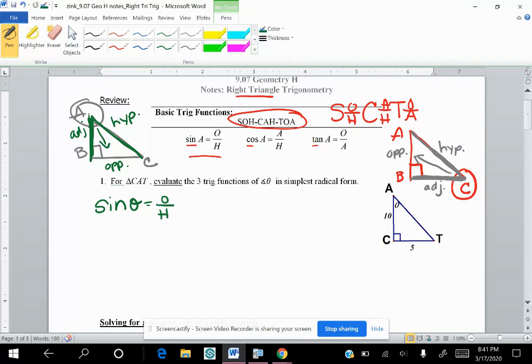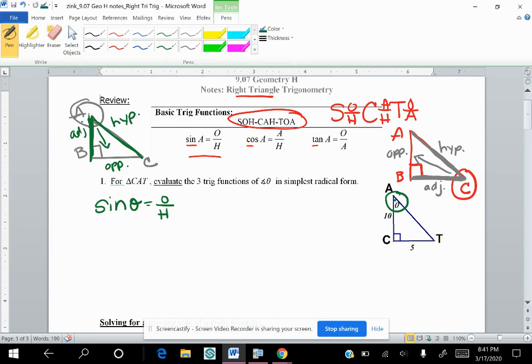All of these are just ratios of the sides, so you could write them as fractions or as decimals. Theta is just a variable used for angles, or here I used A on the top. That's the actual angle, and we can use it to find the angles as well, which we'll talk about in a couple minutes.